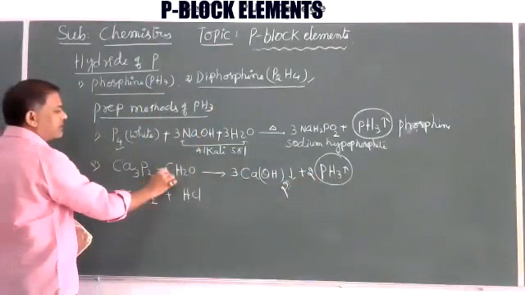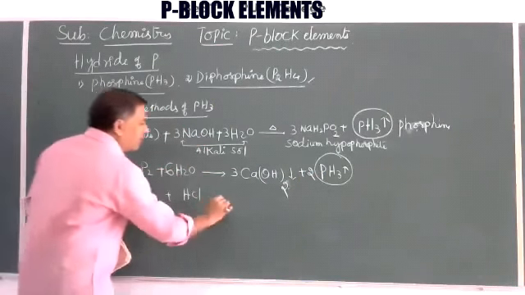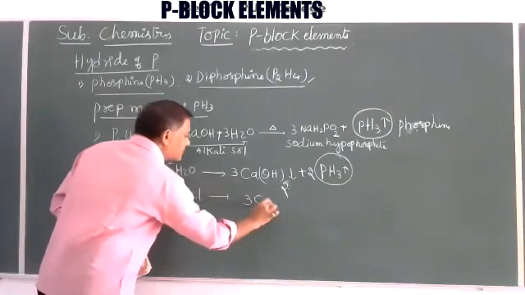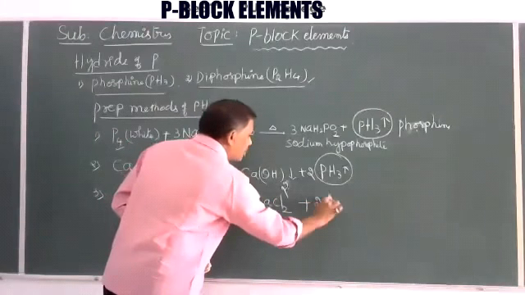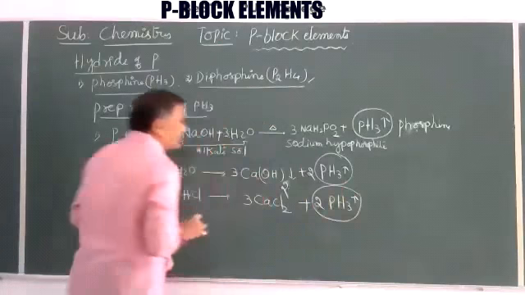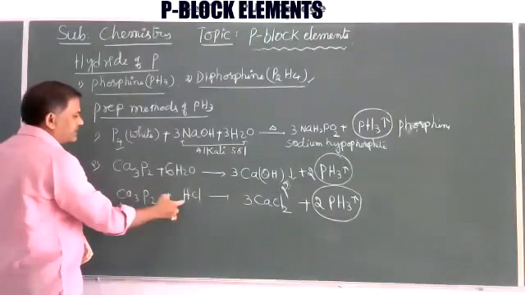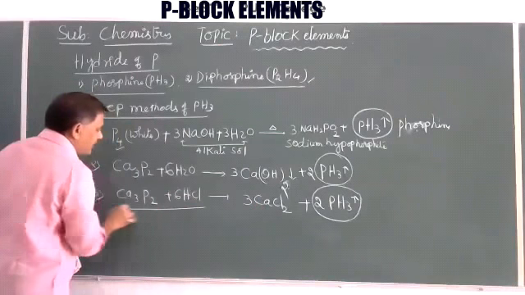We want the 6 moles balanced. Same here, we'll get 3 CaCl2, calcium chloride, plus 2 PH3, phosphine gas, liberated. Now balancing, 6 chlorine atoms are required, so take care of the 6 moles balance.